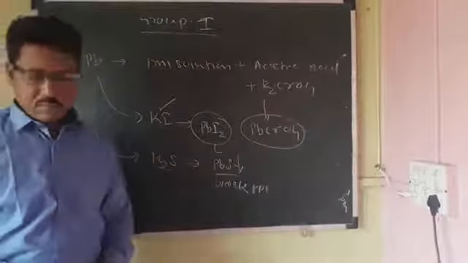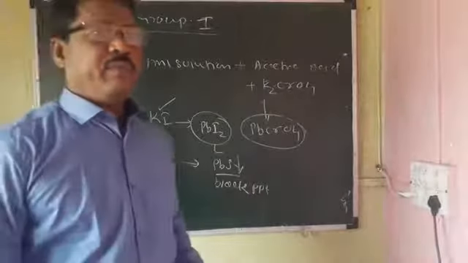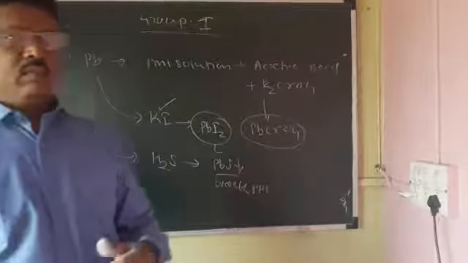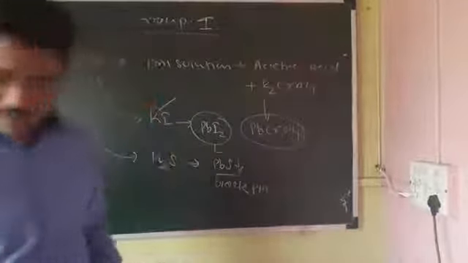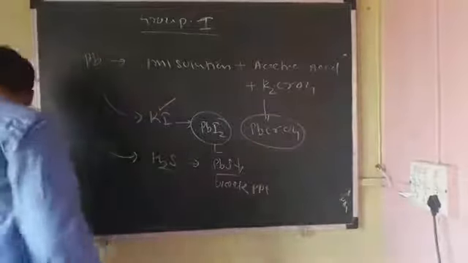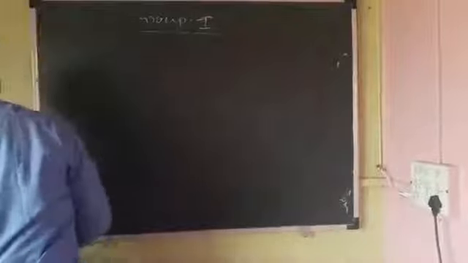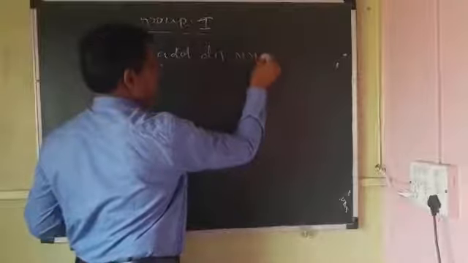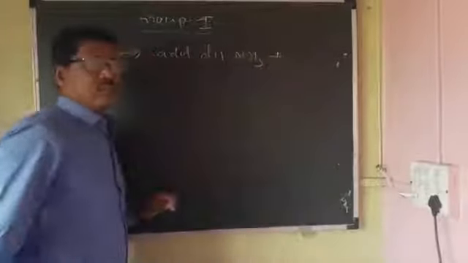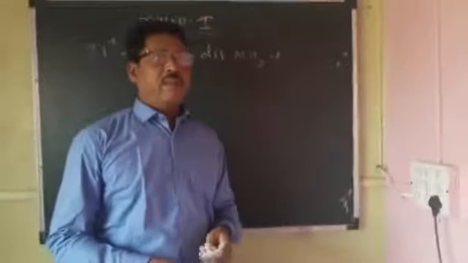Next point, thallium. For the analysis of thallium in the presence of lead, add dilute ammonia NH3 solution, boil off the excess ammonia, and cool the solution.